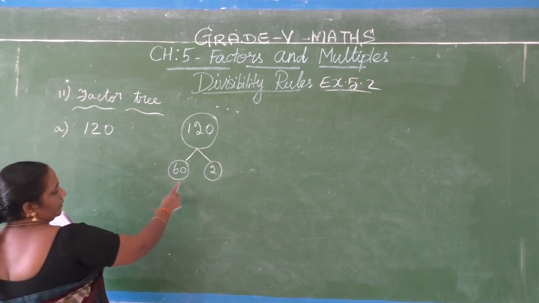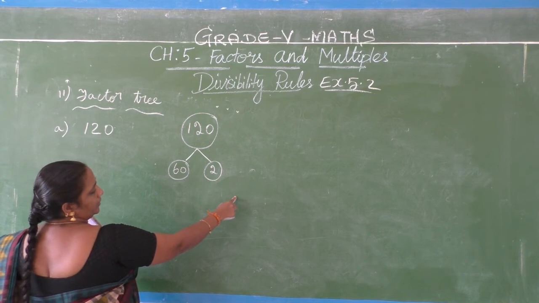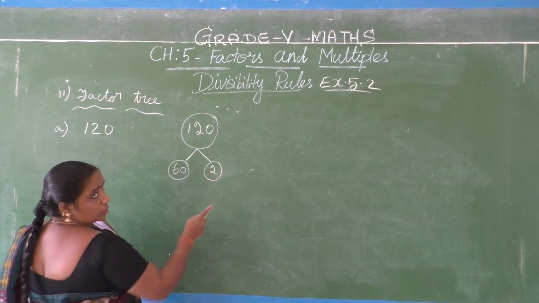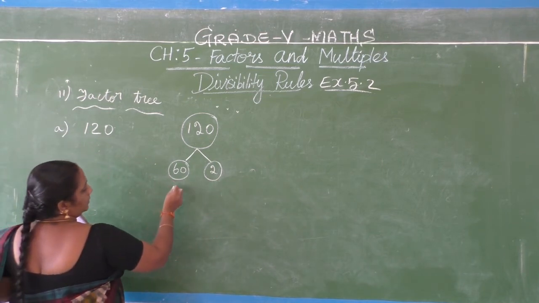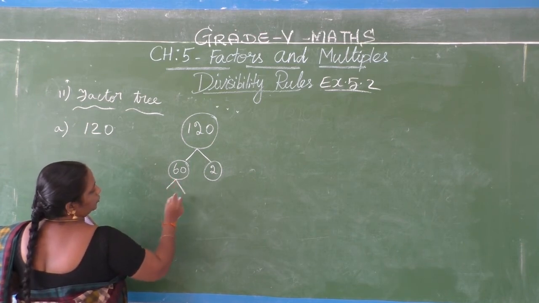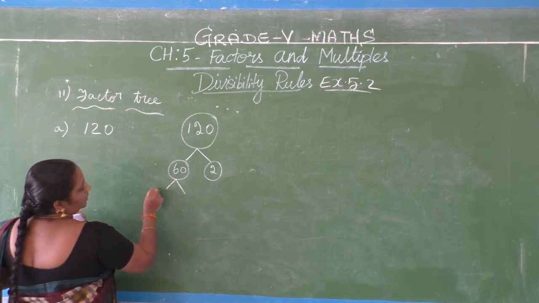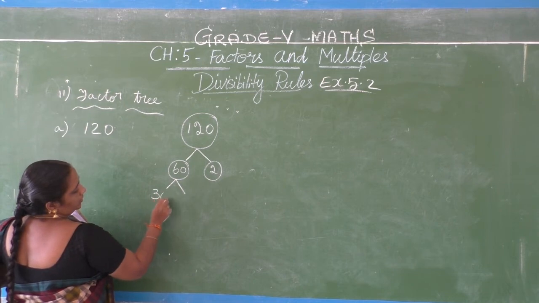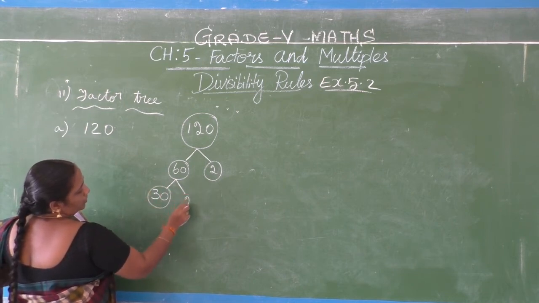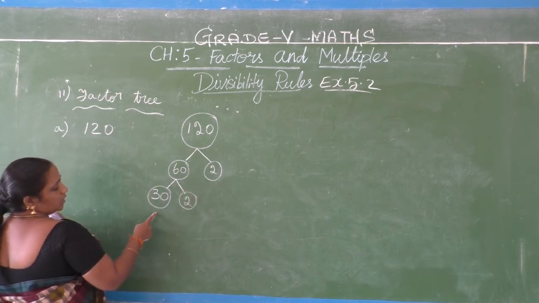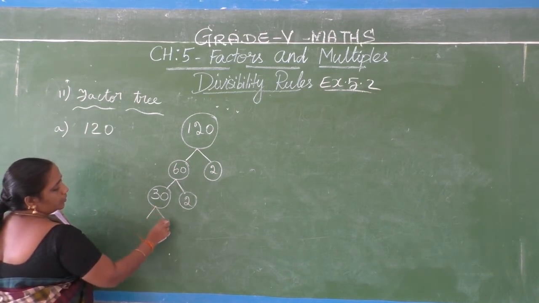Then hereafter we cannot find factors for this 2, is it or not? Then for 60, again you take the 2 table, how many times will it come? 3 twos are 6, 0. Again we can split this 30 by 2.